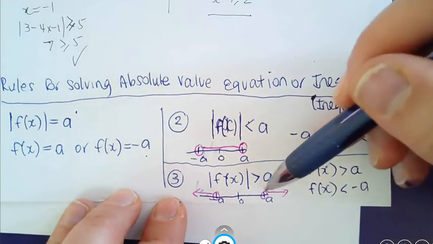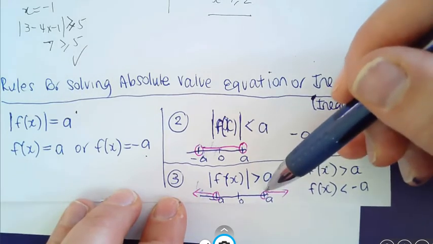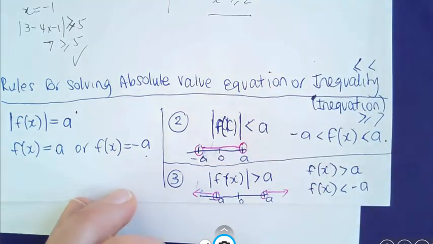It's outwards. Function of x is greater than A, or function of x is less than -A.